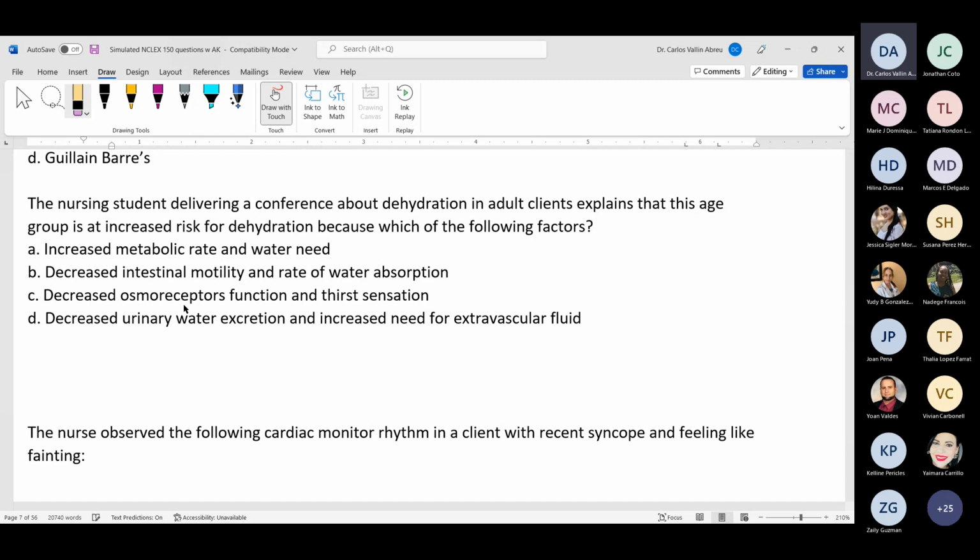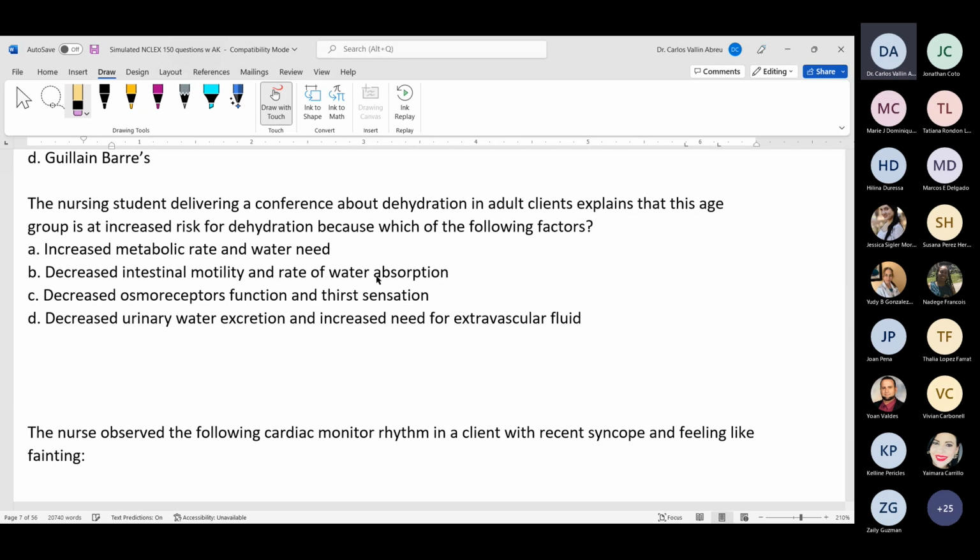Also, we have less water reserves because we have less muscle and more fat. Muscle has a lot of water, but fat has no water. When we grow older, we decrease muscle mass and increase adipose tissue.